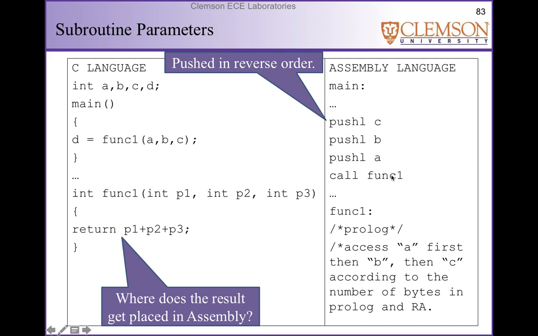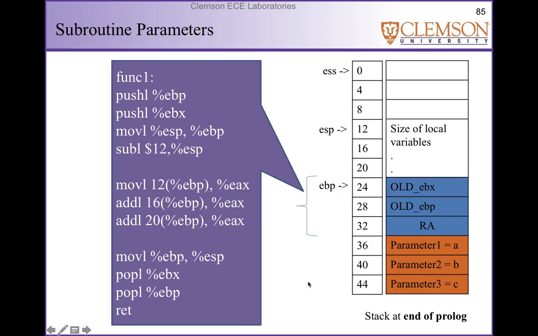So let's imagine our C driver file calling this function with A, B, and C. When your compiler runs, it'll automatically push these three values in reverse order, C, B, A, into the stack.